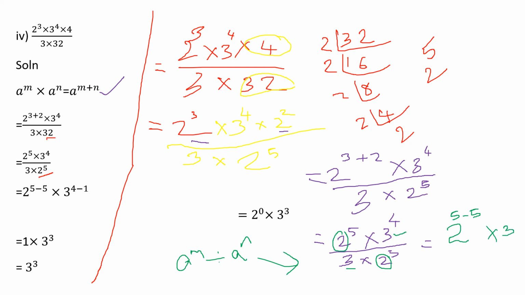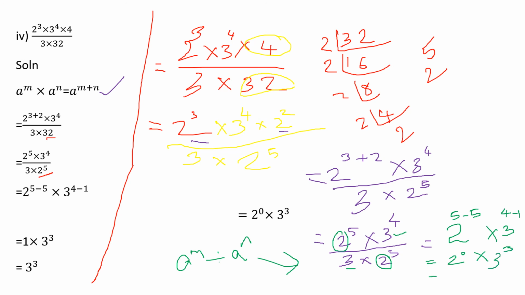In the numerator you have 3, in the denominator also 3. So we will apply the a power m divided by a power n form. So 4 minus 1. So 5 minus 5, 0. So 2 power 0 into 3 power 3, since 4 minus 1 is 3.